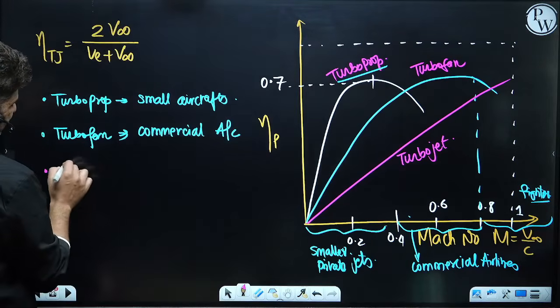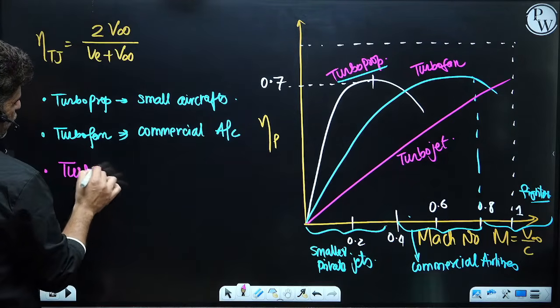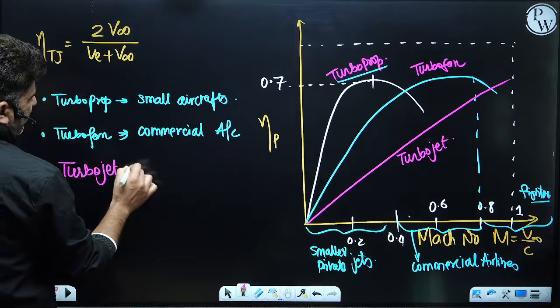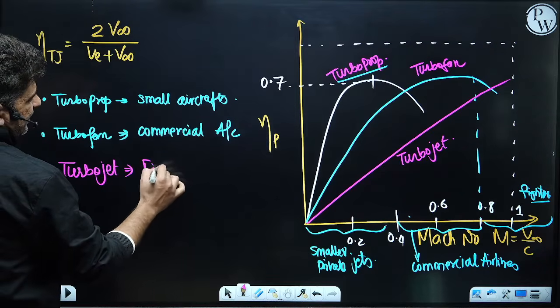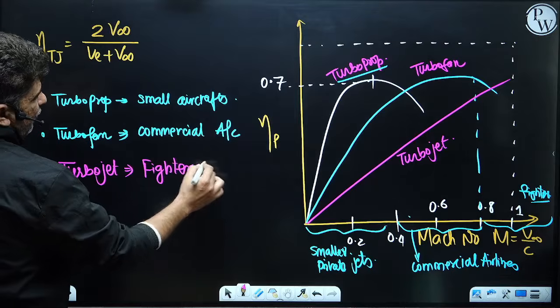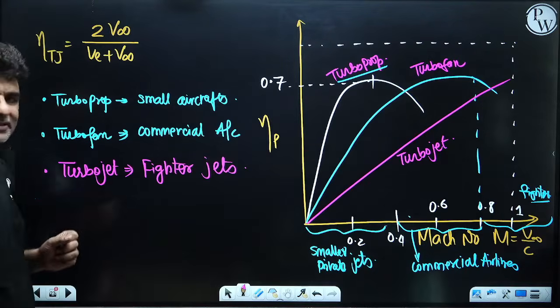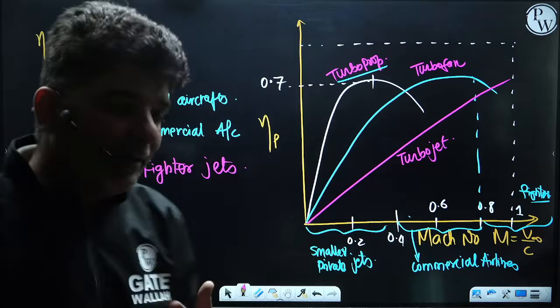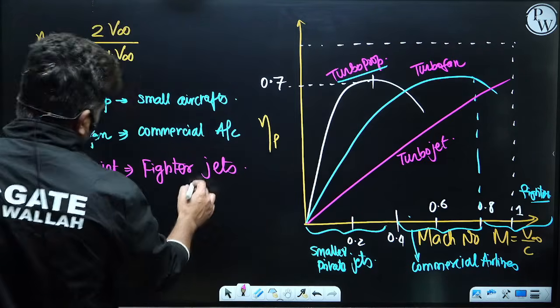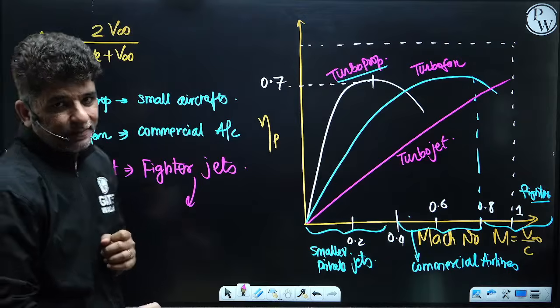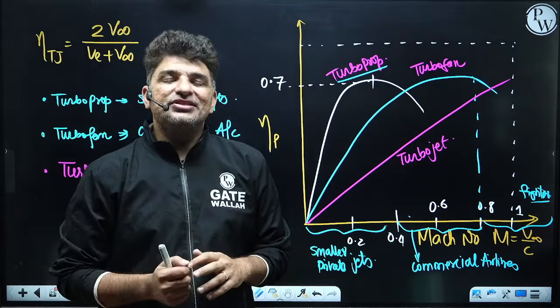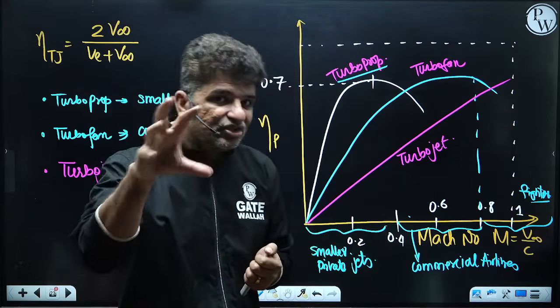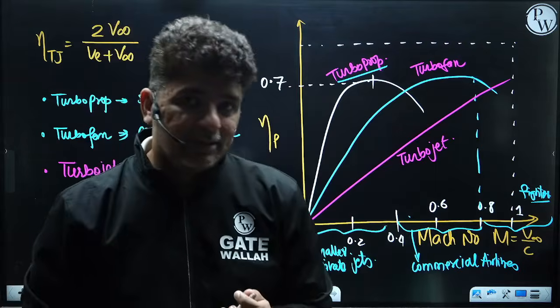Okay. And finally, you have turbojet. Turbojets are used mostly for fighter jets. Okay. Why do we use them for fighter jets? Because in case of fighter jets, the main concern is not efficiency. You don't want to run on efficiency when there is an enemy plane chasing you or an enemy missile that is chasing you.